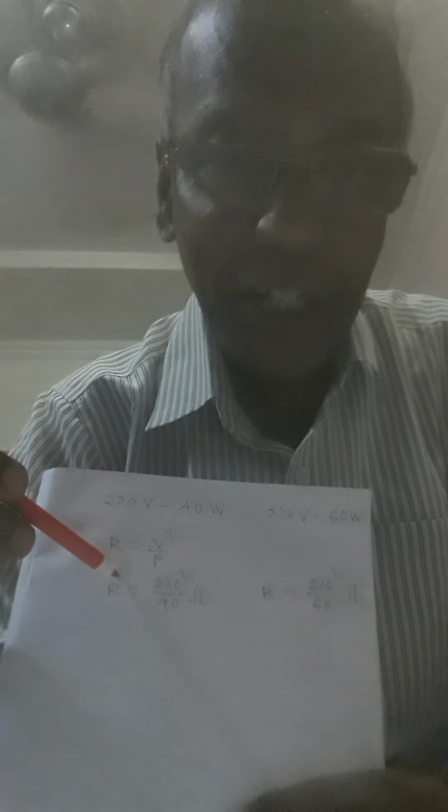And for the 60 watt lamp, R is equal to 220 square by 60 ohm. Now obviously 220 square by 40 is greater.